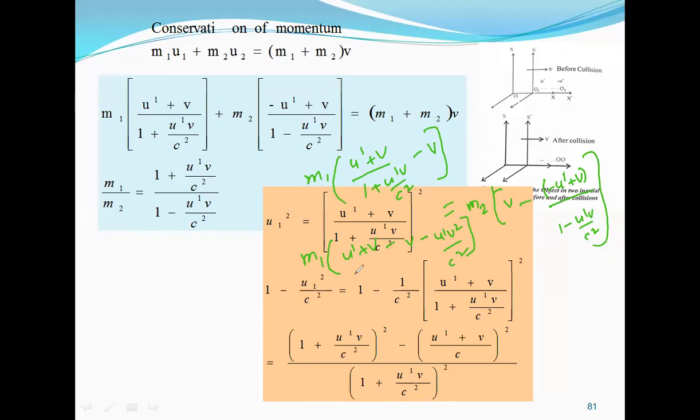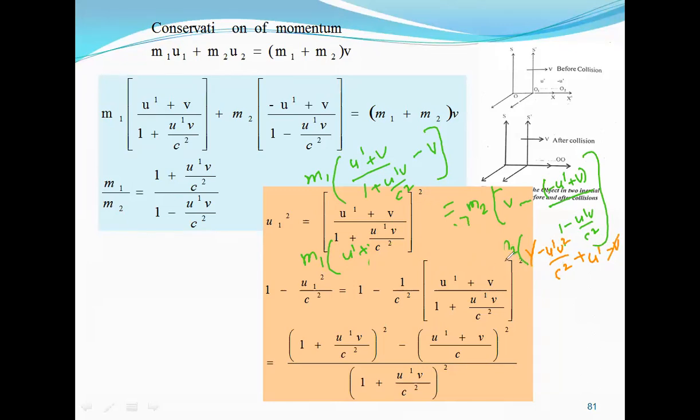You don't need to keep it because the LCM is the same on both sides, so I don't need to write the LCM here. Similarly, I can get it here: v minus u1 v square by c square, minus of minus plus minus v, and the v's cancel. And you have this term.